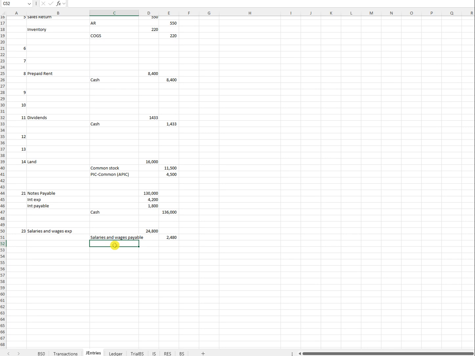And meaning we must have paid cash for the difference. Right, so we paid cash $22,320 and $2,480 remain as payables, which will be paid the next period, very likely.